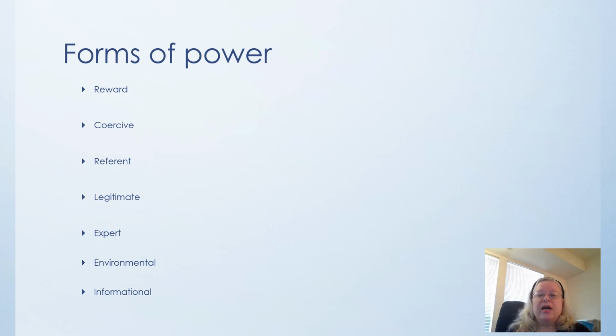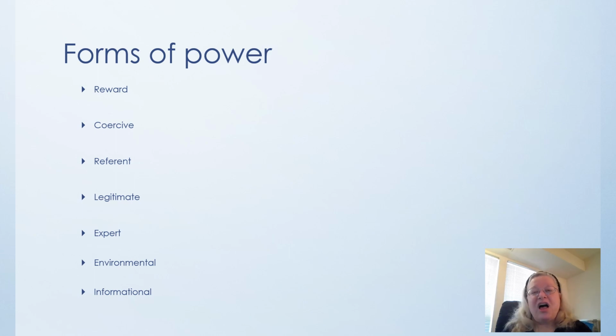Referent power is the power to motivate you to do something because you admire me, or you like me, or you want to please me. Someone who's a mentor to you, or maybe an older sibling that you admire, would have the power to use your admiration for them as a way of getting you to do something.